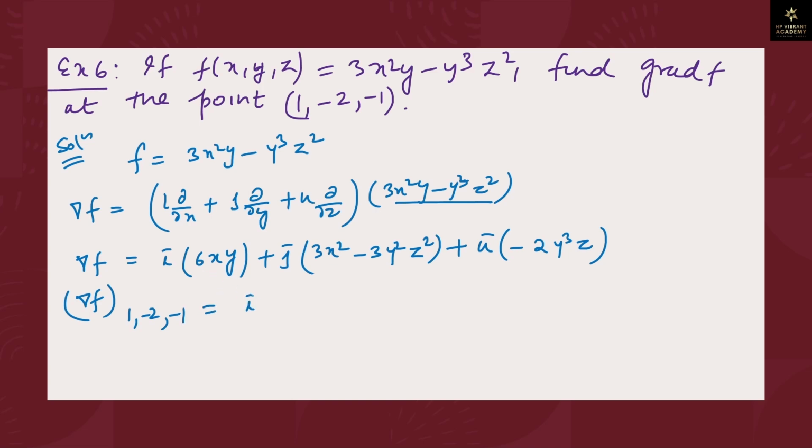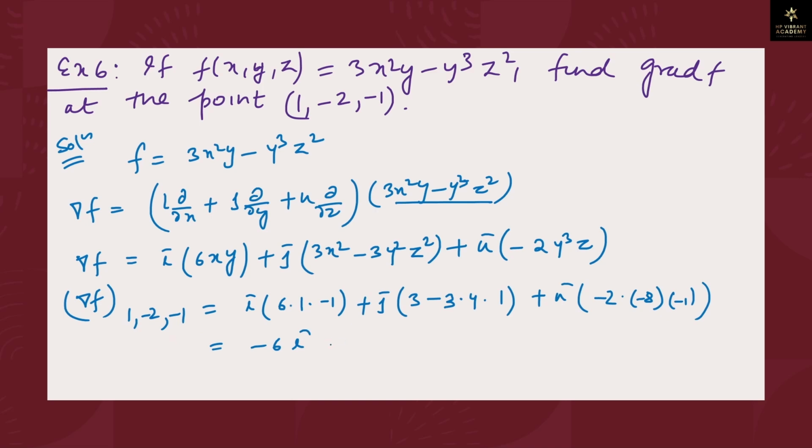This is 6 into i cap, 6 into 1, the value of x is 1 and y is minus 1 into minus 1, plus j cap, this is 3 minus 3 into 4 into 1, plus k cap, this is minus 2 into the value of y which is minus 2, so minus 8, into the value of z which is minus 1.